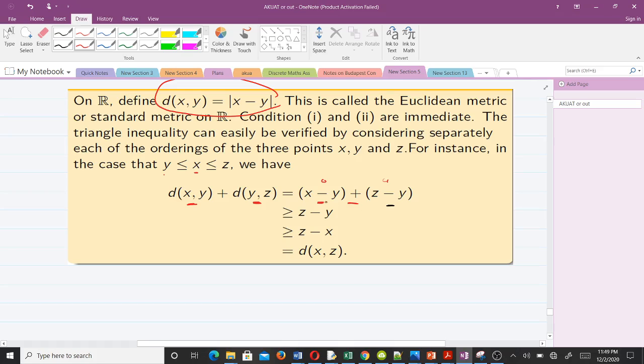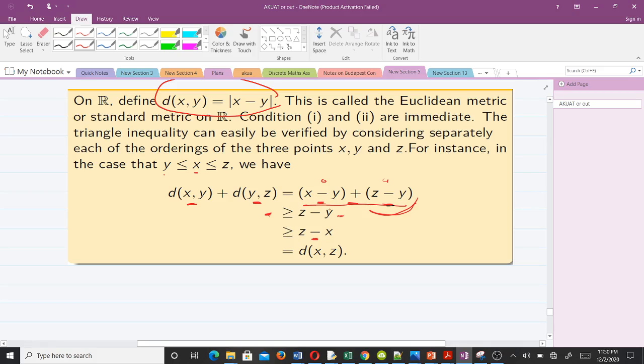So because of that, when you add these two, it will always be greater than or equal to just what we have here, right? So that's the reason why you can find the second point here. So what we have here is greater than or equal to z minus y, and z minus x here is also less than or equal to z minus y.